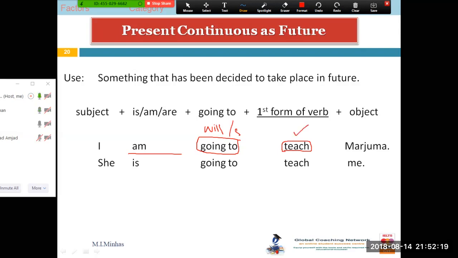So I am going to teach means I will teach or I shall teach. We'll talk about will and shall later on, some other day. But I will teach, or I shall teach, right? So this is equivalent to will or shall.